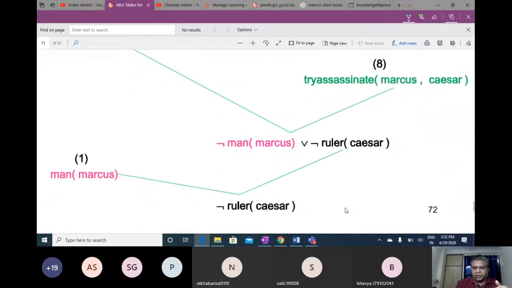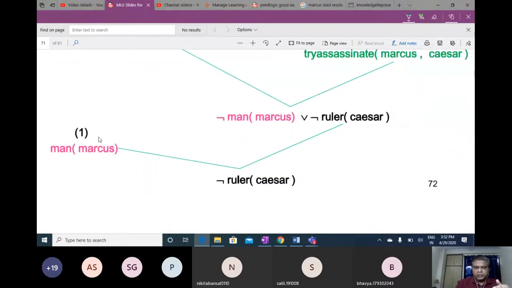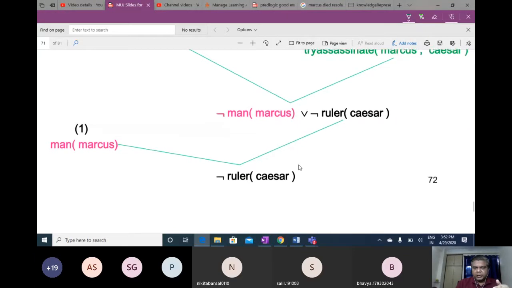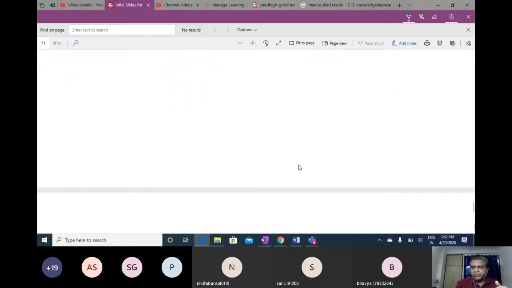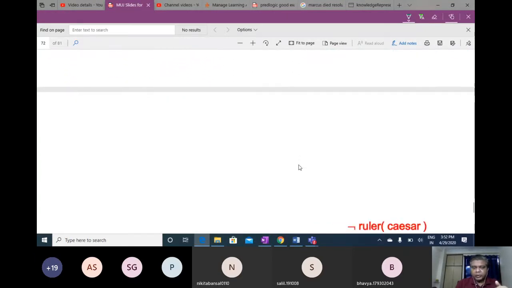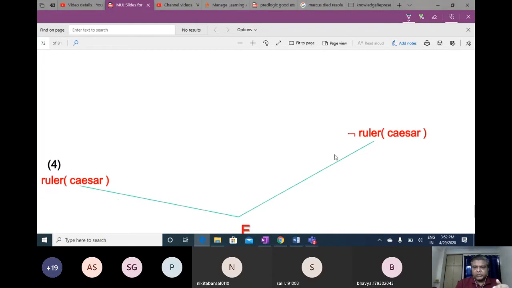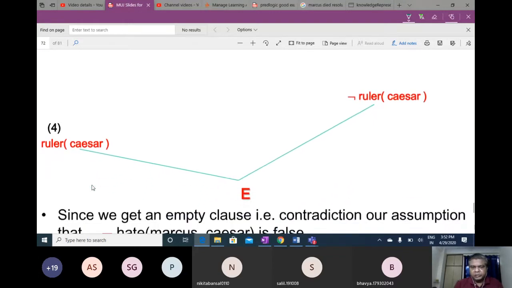Man Marcus is already given, the first one, so it cancels out. We get not ruler Caesar, but we already have ruler Caesar. So we bring in ruler Caesar and we get an empty set. As soon as we get an empty set, that means it is a contradiction.